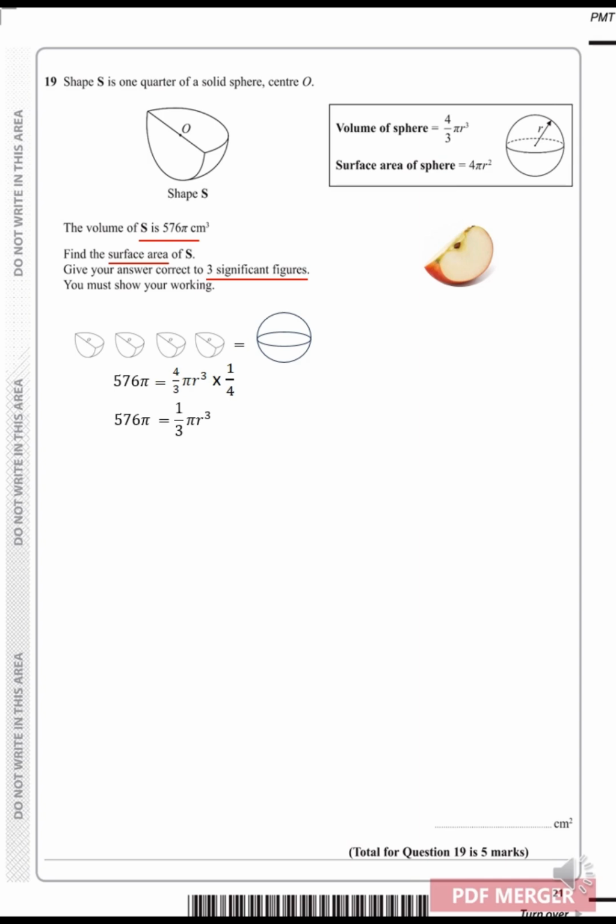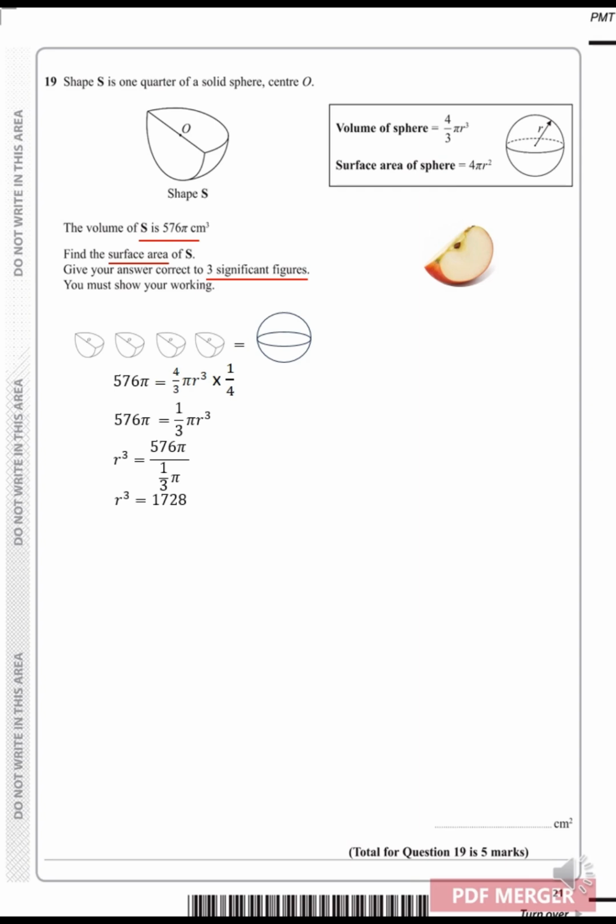Now we need to make the radius the subject. So r³ is equal to 576π divided by 1/3 π. Now the π's cancel out. In your calculator, r³ is equal to 1728.